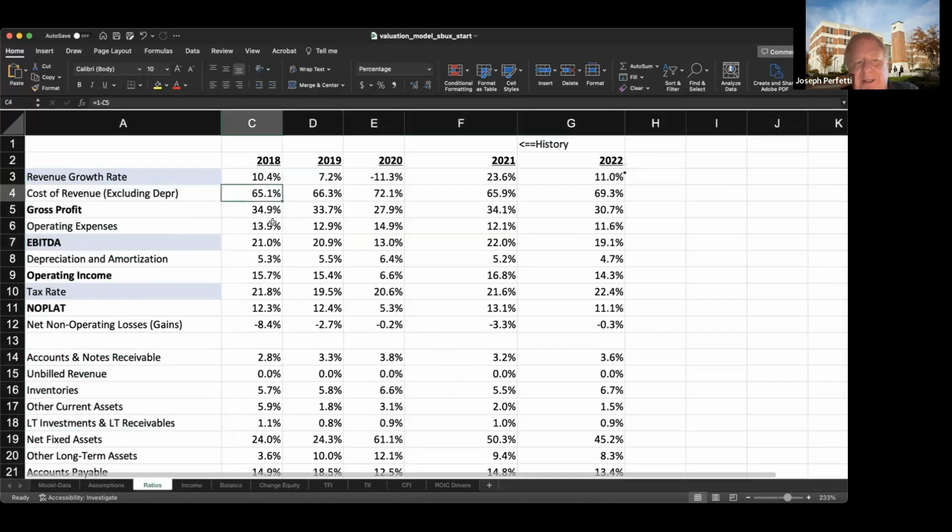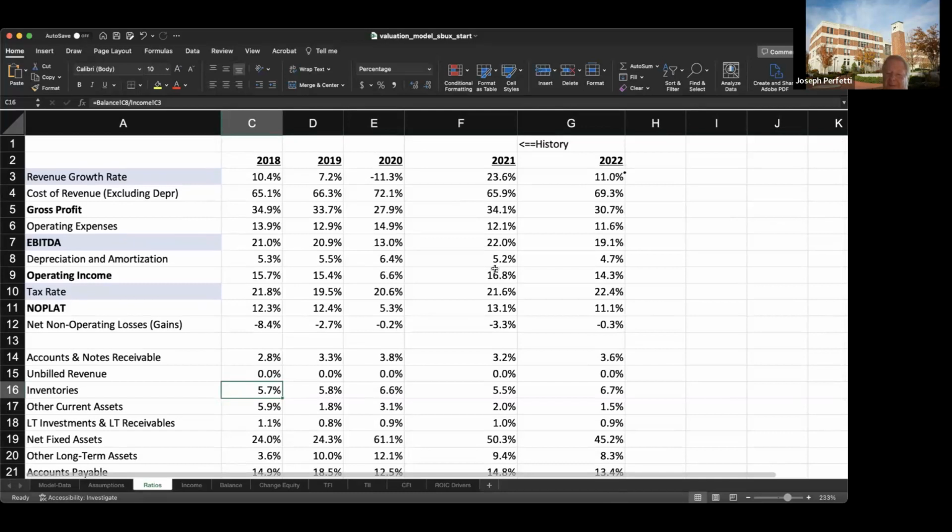Cost of revenue is a percentage of sales. Gross profit is a percentage of sales. EBITDA is a percentage of sales. Operating income is a percentage of sales. Inventory is a percentage of sales, etc. These are year by year percentage of sales historically of Starbucks historical data. Okay. So that's this ratio sheet.